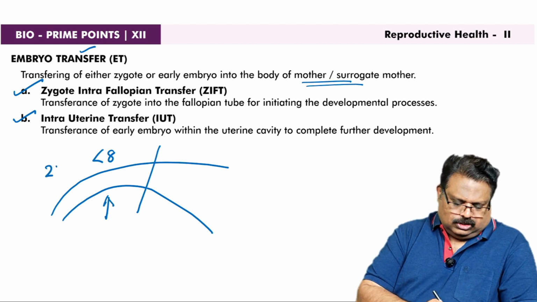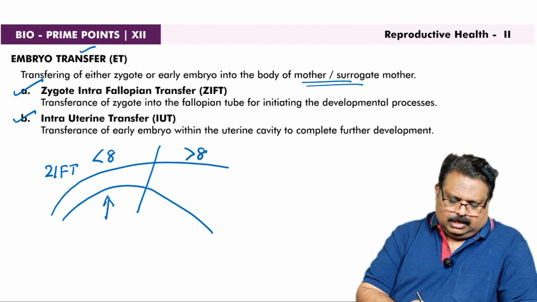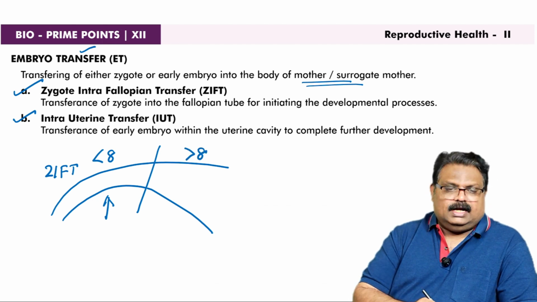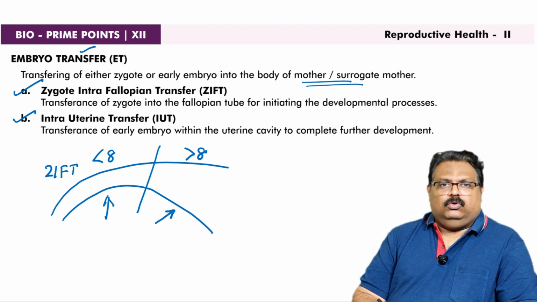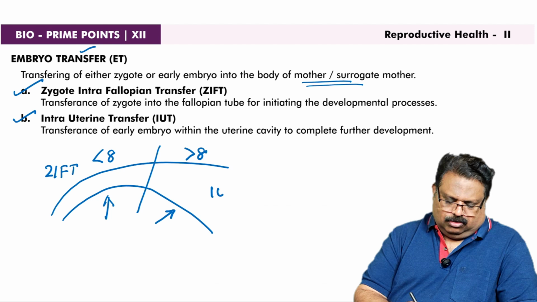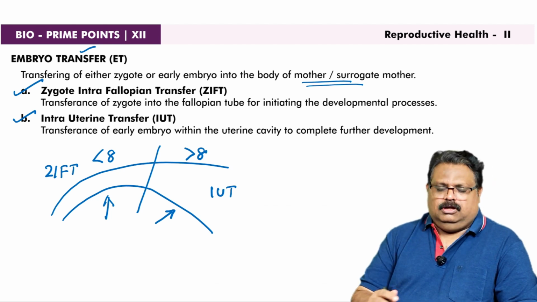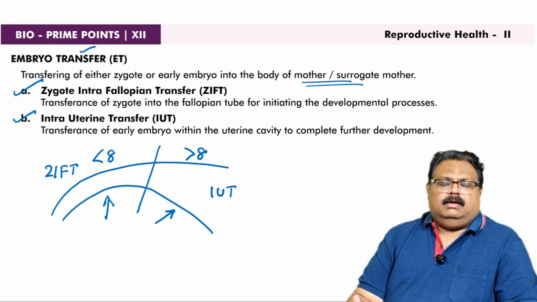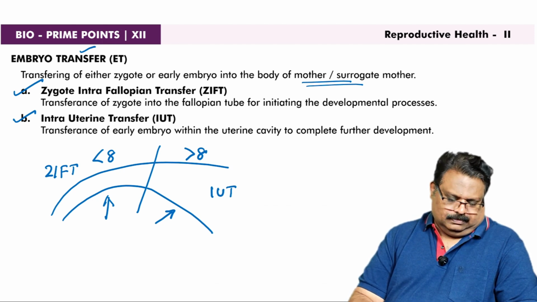That process is called zygote intrafallopian transfer. If the embryo has more than 8 blastomeres, it is not transferred inside the fallopian tube, it is transported inside the uterus. That process is called intrauterine transfer. So both in ZIFT and in IUT, the embryo is transferred, so the process comes under embryo transfer.